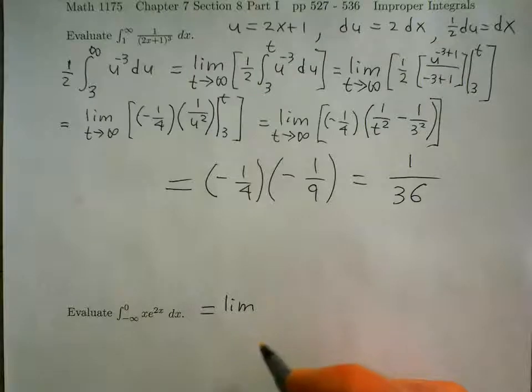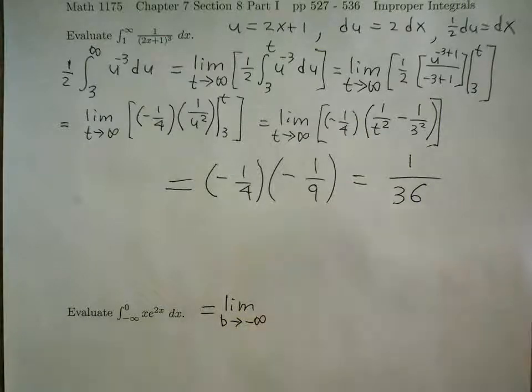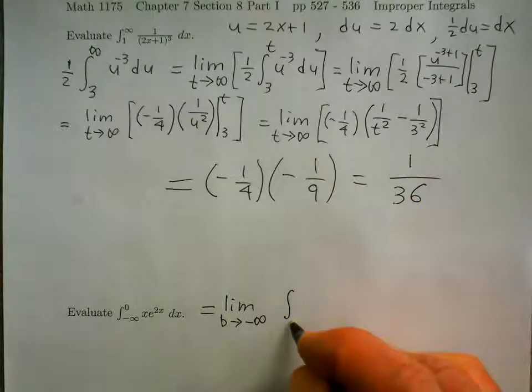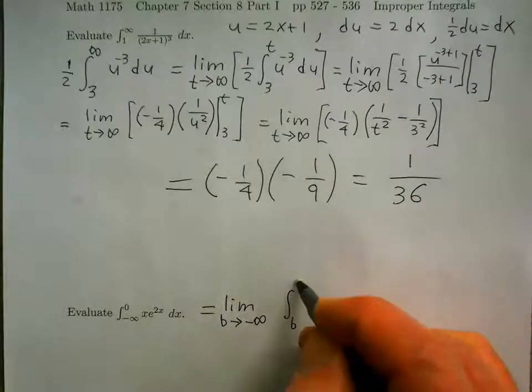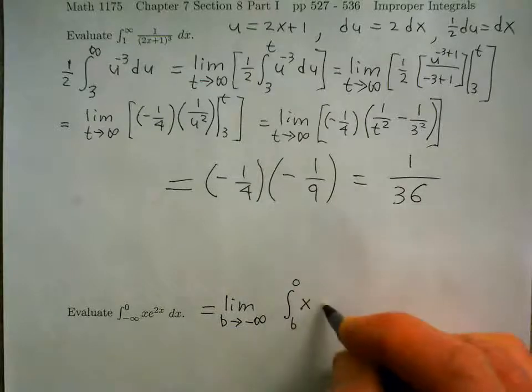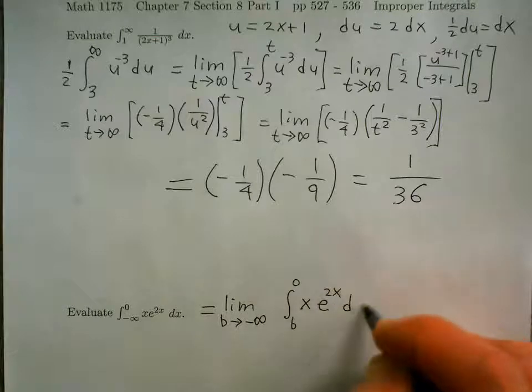Well, I'll use a different letter. We could still use t, but I'll use b as b approaches negative infinity. And then the definite integral is from b to 0 of x times e to the 2x dx.